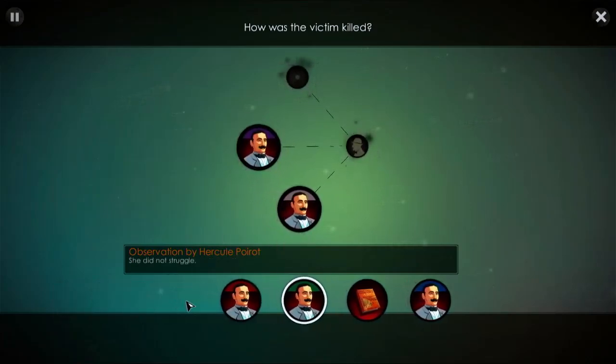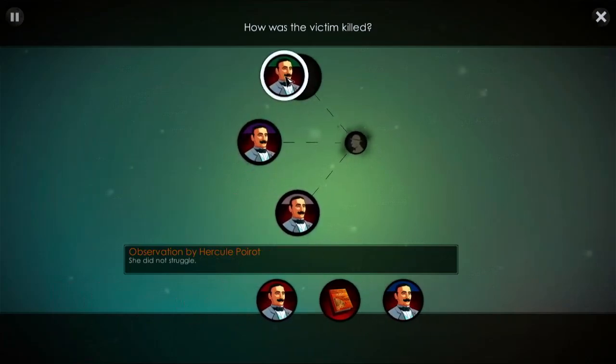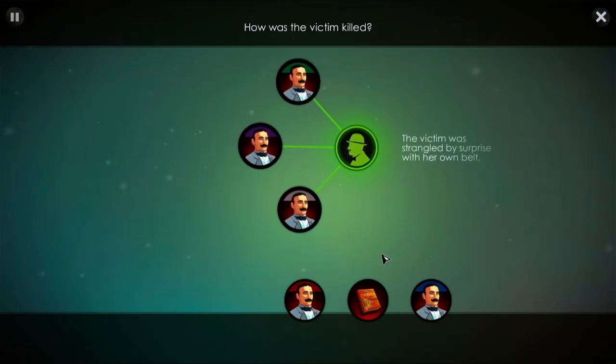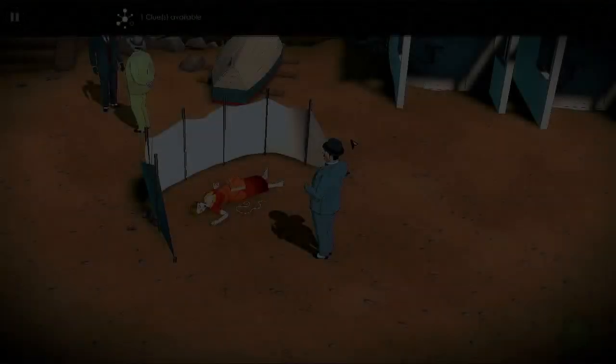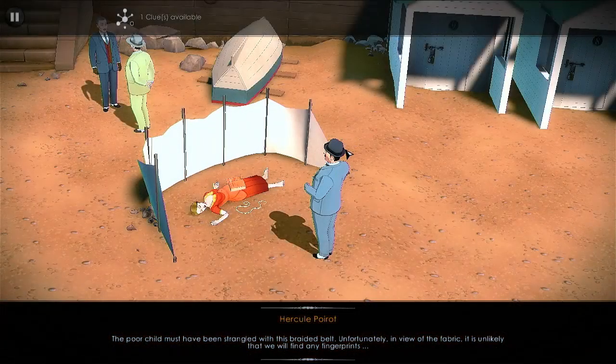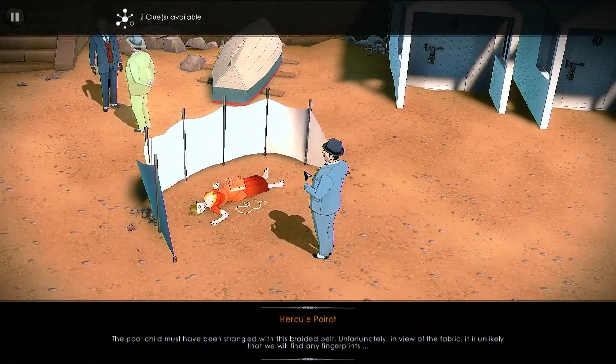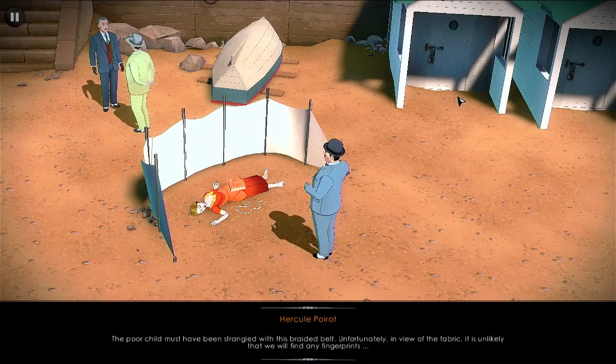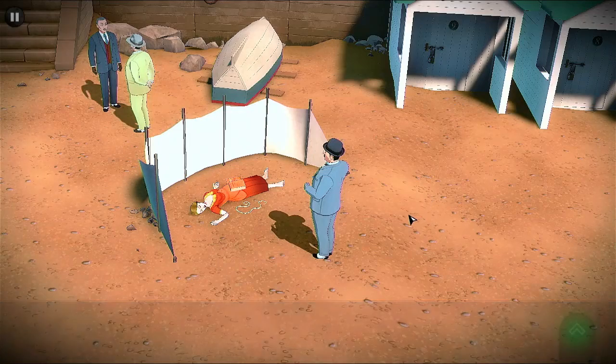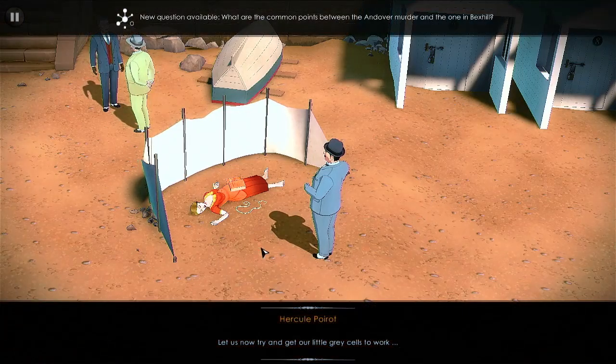She didn't struggle, so I imagine that she was strangled from behind, maybe, by surprise with her own belt. The poor child must have been strangled with her braided belt. Unfortunately, in view of the fabric, it is unlikely that we will find any prints.